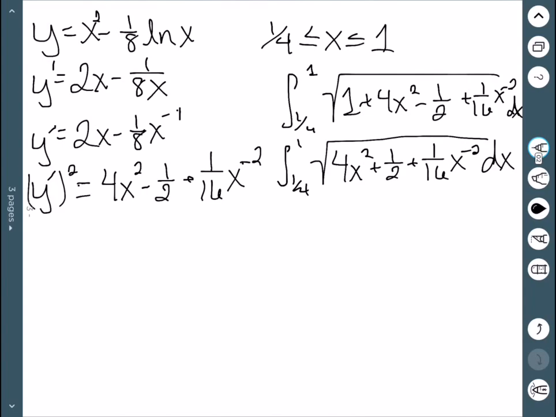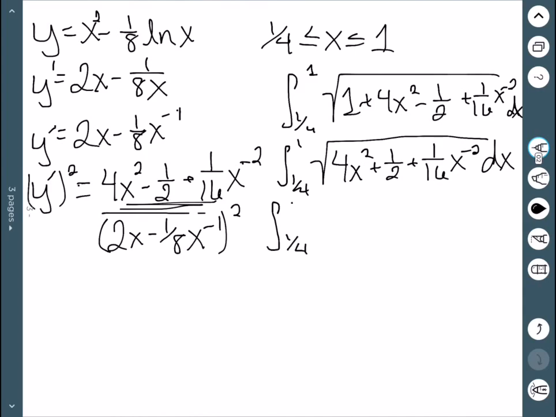But this is actually enough. If we look back over at the left, this was 2x minus 1/8 times x to the negative 1, squared. And we see the only difference between what I had originally and what I have now is that the middle term is positive. And so if the middle term is changed, that just changes the sign in my factoring.